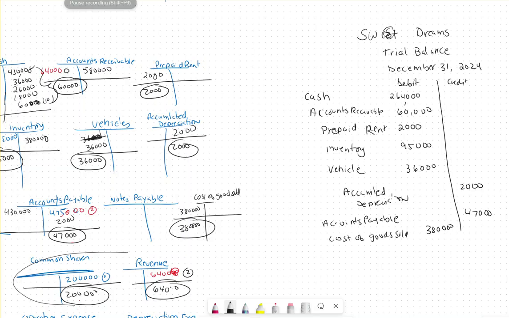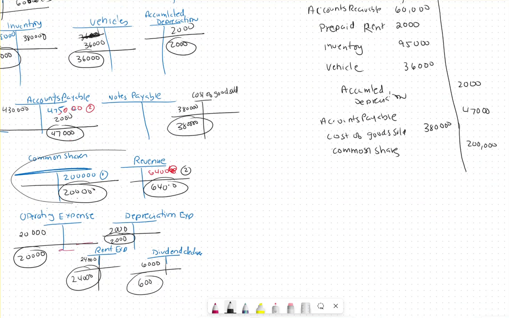We have common share, a credit of 200,000. So all I'm doing is taking it from the T accounts and putting it in my trial balance. And then we have revenue. Revenue is a credit, and that is 640,000. So I will put 640,000.